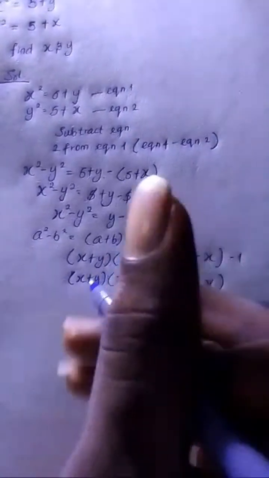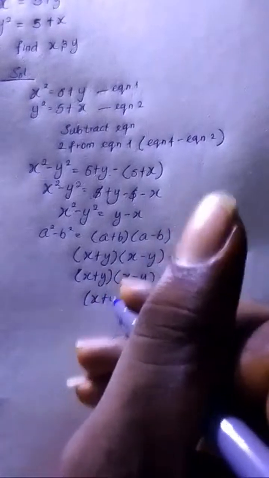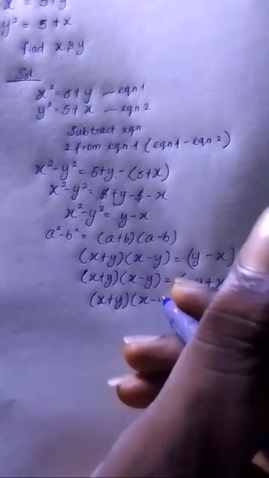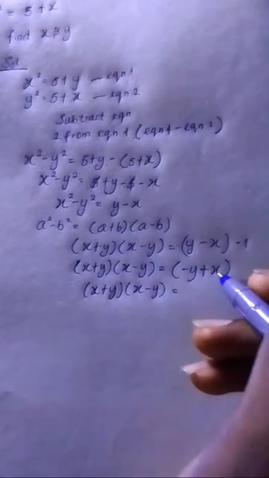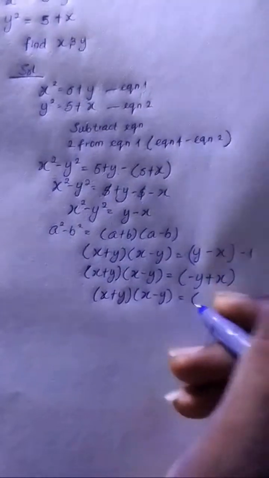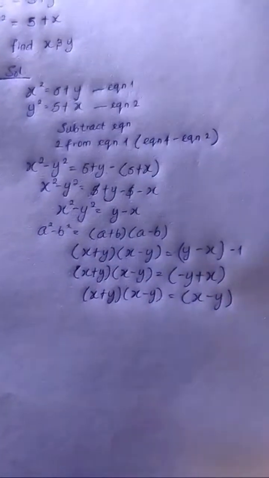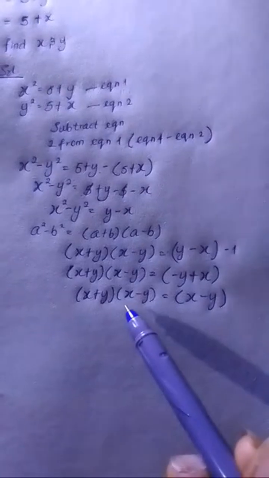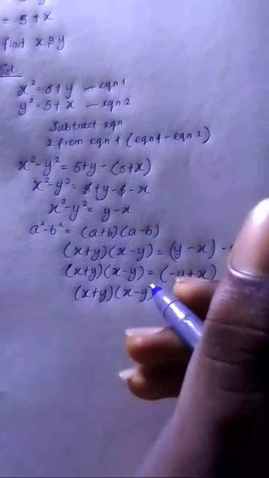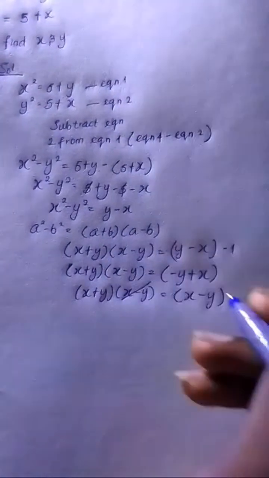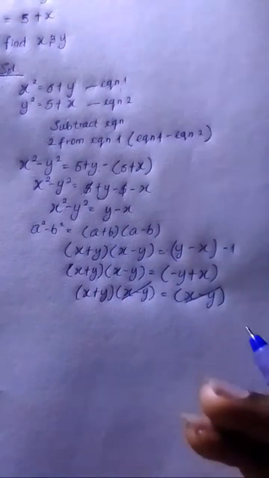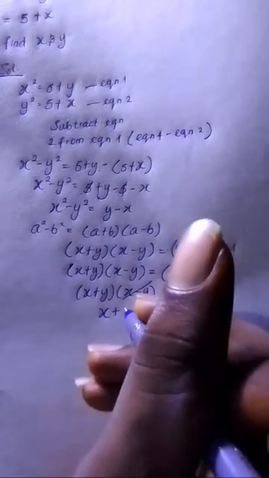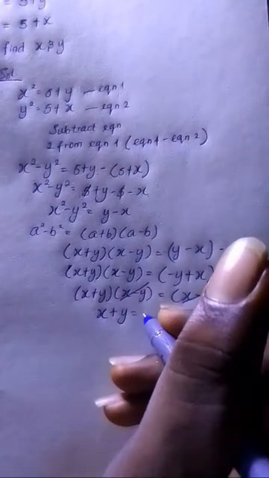So this still gives x plus y times x minus y equals minus y plus x, which can be written as x minus y if we rearrange it. So x minus y is common, so we can cancel it. From here we have x plus y equal to 1.